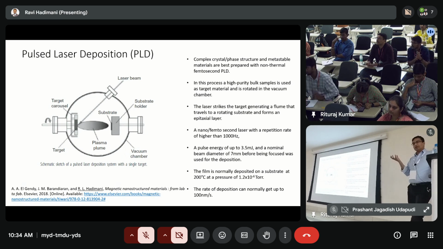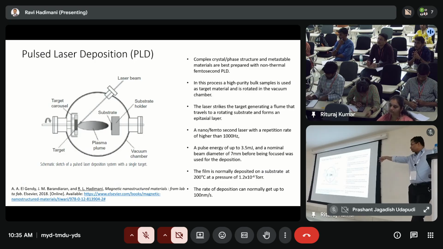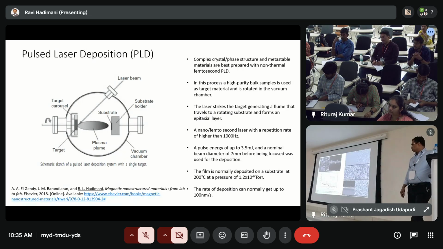You can get it in the bulk form, but in thin film, nobody had deposited the giant magnetocaloric material in thin film form. And yeah, I was able to do that using femtosecond laser. So that's the cool feature of femtosecond laser deposition, right?